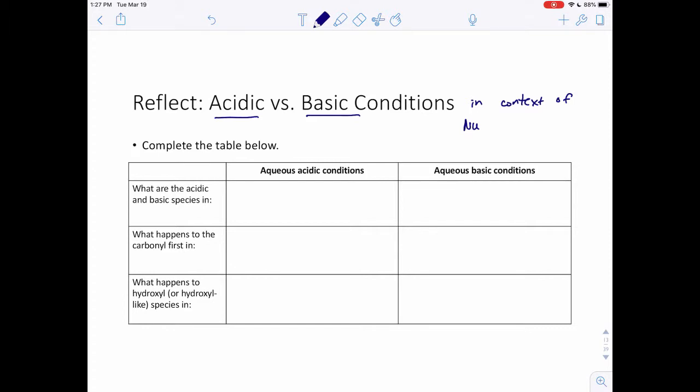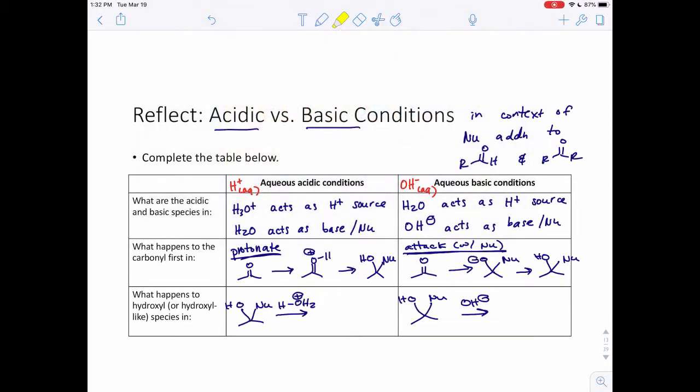So pause and consider that on your own. So under aqueous acidic conditions, you're going to have hydronium act as a proton source and protonate something, and water will be the base or the nucleophile, depending on what's going on. In basic conditions, this time as the proton source, you're going to have water, and hydroxide will act as a base or a nucleophile.